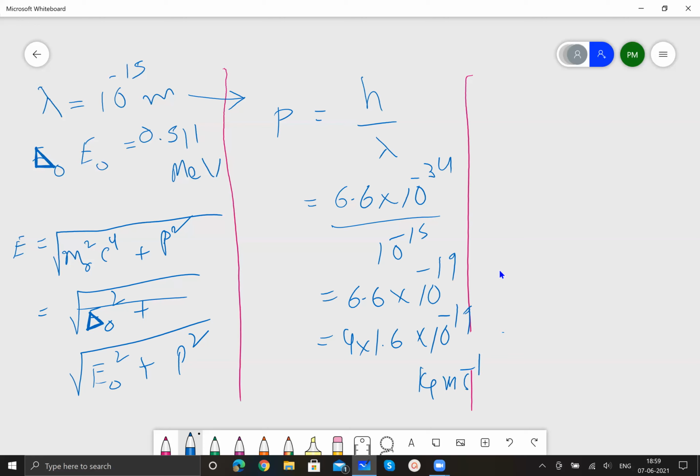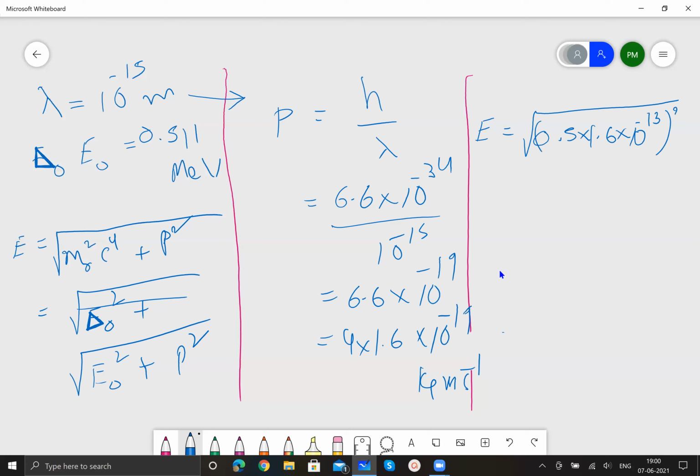So now we want E. So it should be root of E naught, which is 0.5 into 1.6 into 10 to the power of minus 13 million electron volts, correct?